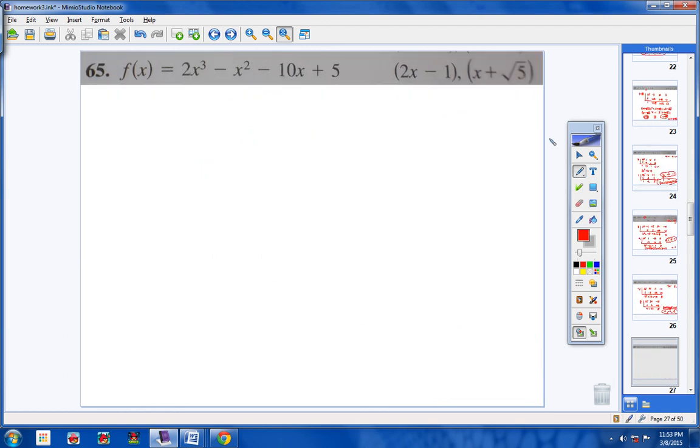I knew they were going to throw a square root at us, which is fine. Now, for this parentheses here, your 0, if you took this and set equal to 0 and solved, you get a positive 1/2. Here, negative square root of 5. Okay, so let's start off with the 1/2.